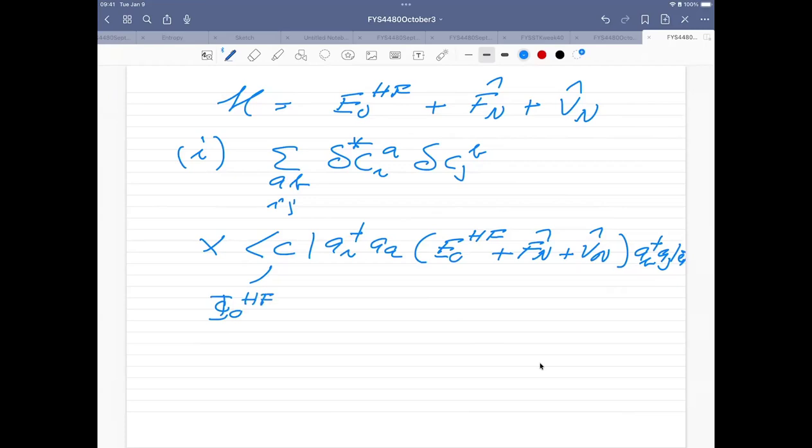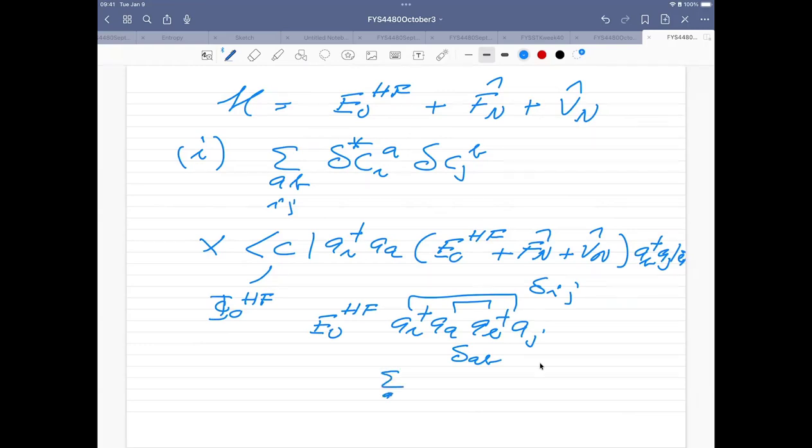Now, let's look at the first term, and write this out in terms of the operators. In this particular case, this contraction gives us a delta ab, and that contraction gives us a delta ij here. So it means that this term is pretty simple. I'm just going to get a sum over a, b, i, j, and then I have a delta ab.